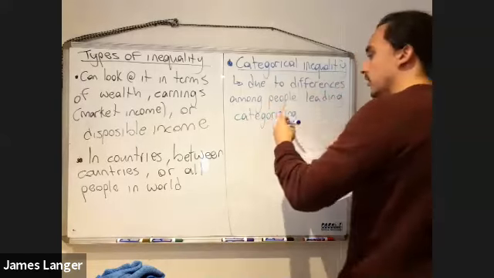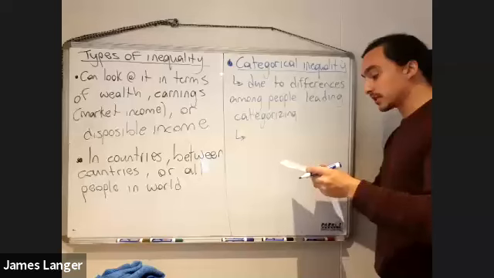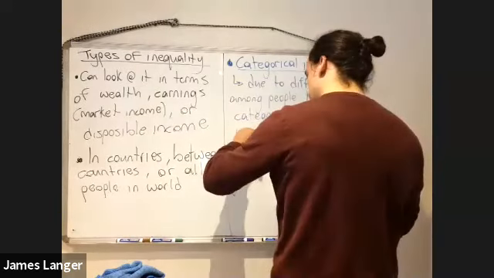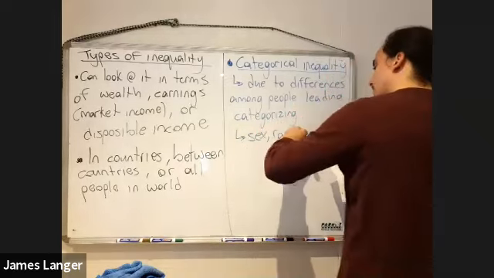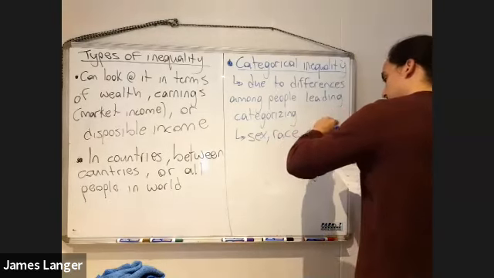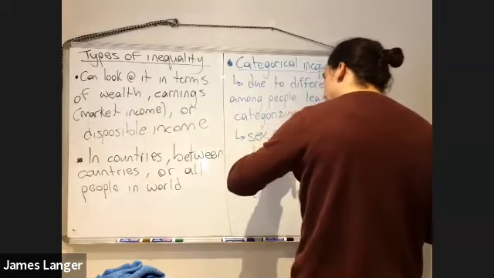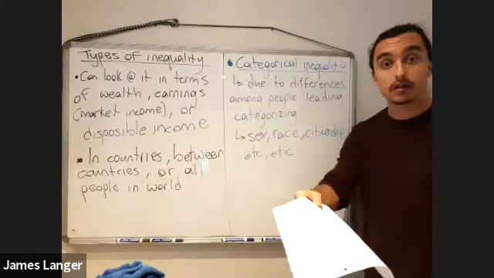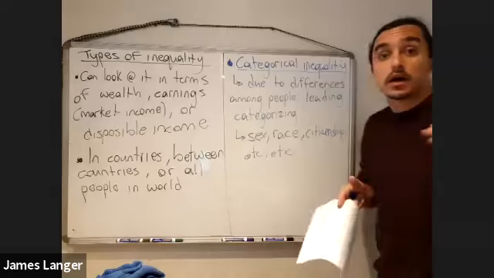Basically what we're saying is we're looking at income inequality amongst people in terms of sex, race, citizenship, etc. So basically anything where we've categorized people. We've said male, female. We've said South African, Zimbabwean, Botswanan, American.